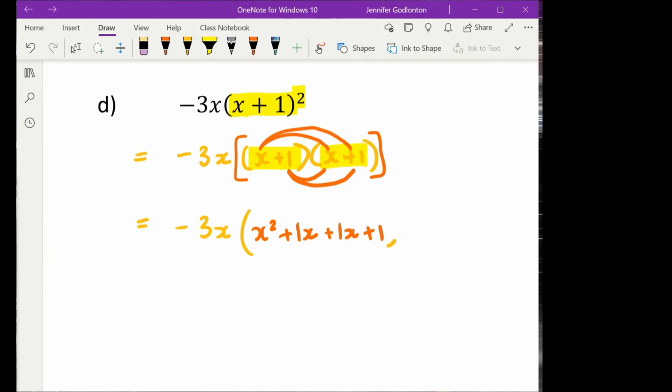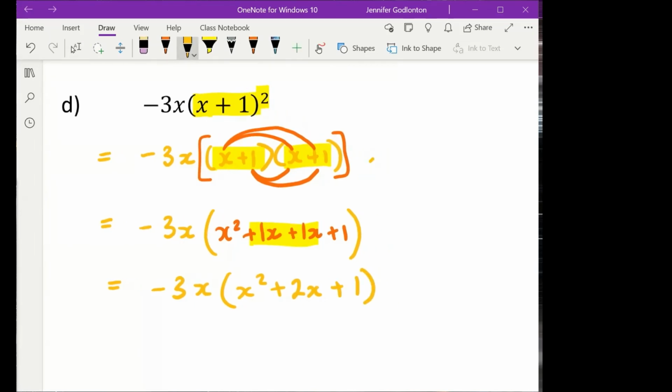Now inside this bracket, I have like terms, so I'm going to add them together. So I'm going to have negative 3x, and then in brackets, x squared plus 2x plus 1.